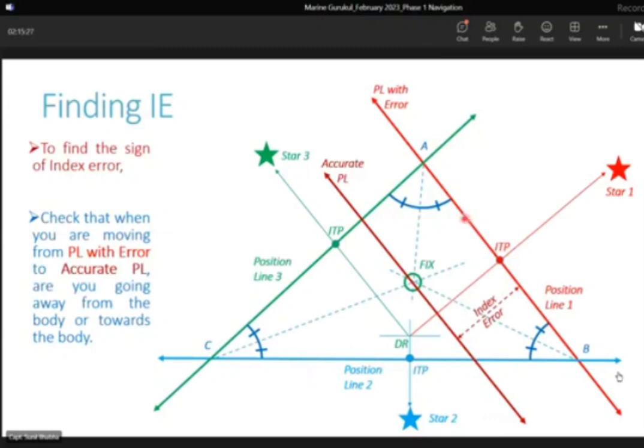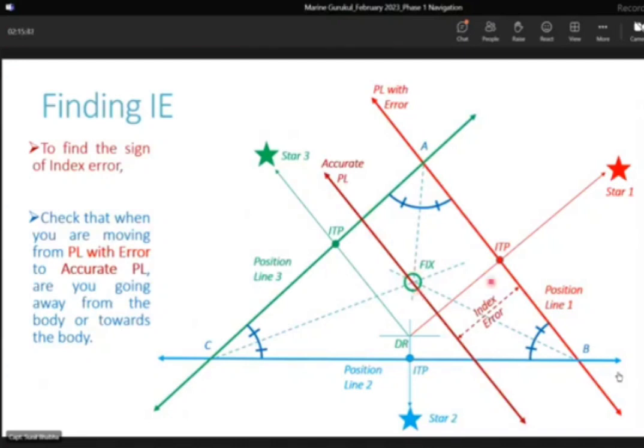The accurate PL is the maroon color position line, because it is the PL which is passing exactly from the fix. That's how the position line should be if it is accurately calculated.